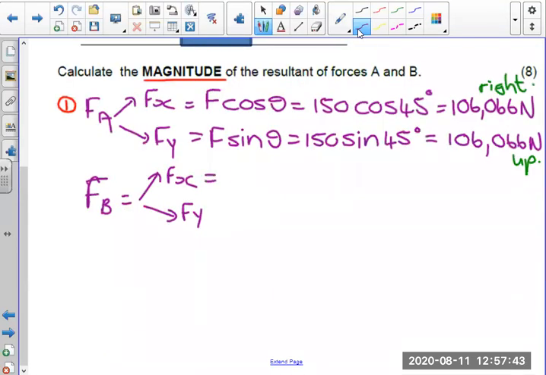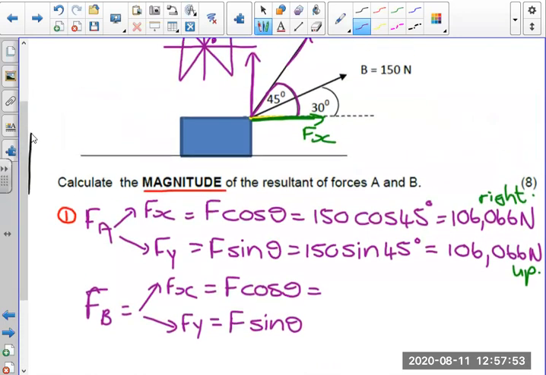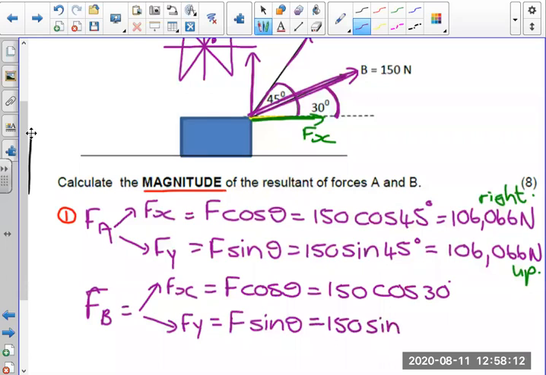And now we're going to say it's F cos theta, and again we have F sine theta for the X and the Y. The magnitude of the force again is 150, because now we're looking at B. We use cos, and now the angle that we use is the 30. 150 cos 30, and we use the same 150 sine 30.